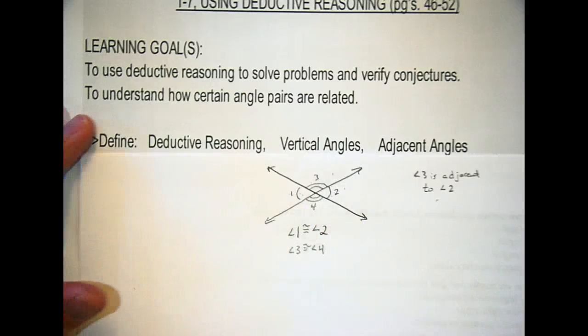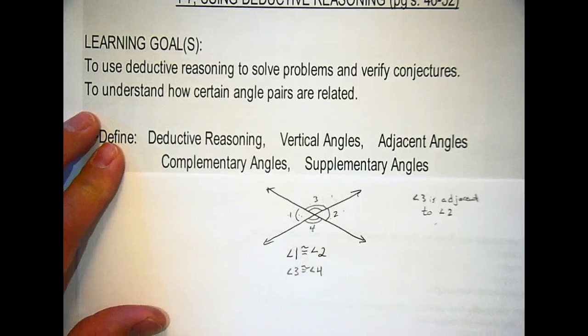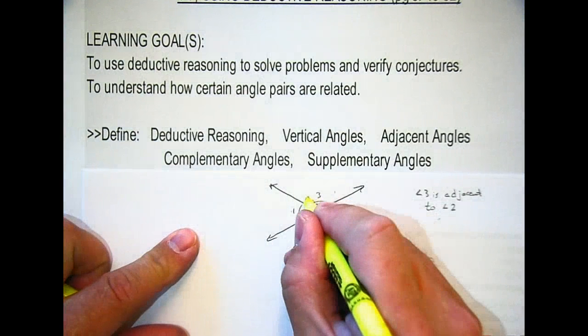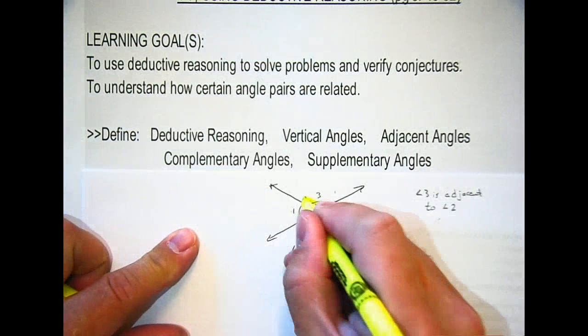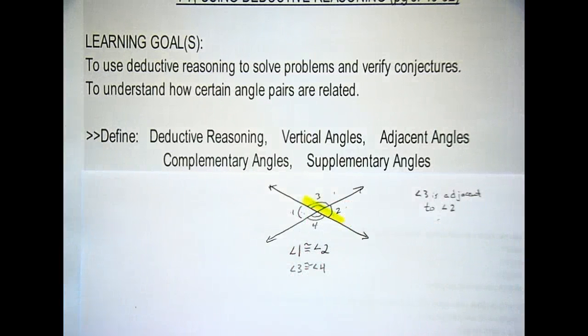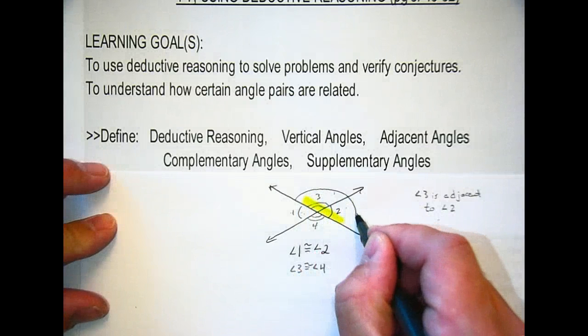In this case, these adjacent angles happen to make up a straight line. So angle 3 and angle 2 make up this straight line. What's unique about a straight line is that it makes up 180 degrees. Once again, you'll see that a lot this year. So this whole angle right here is 180 degrees.